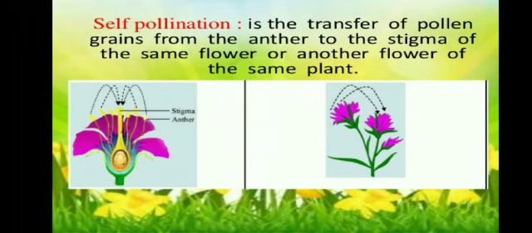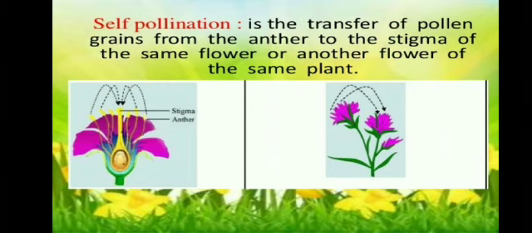So, it occurs in one plant itself, either as a transfer of pollen grains from the anther of one flower to the stigma of the same flower, or from the anther of one flower to the stigma of another flower.